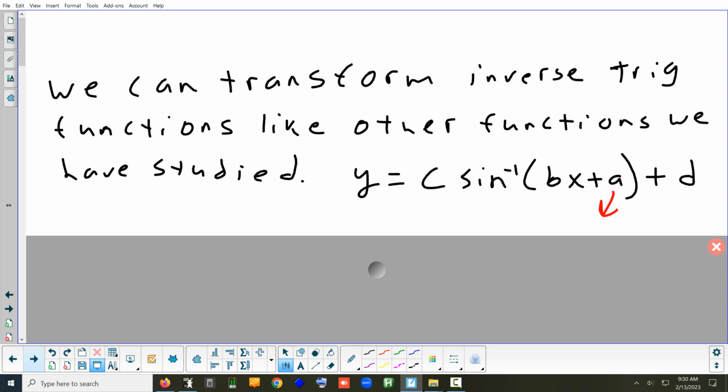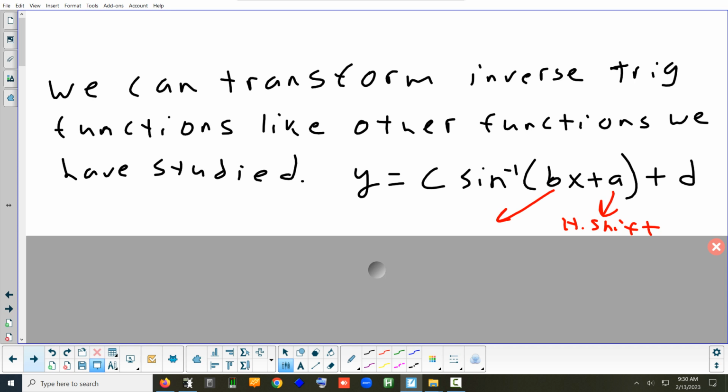We're talking about either shifting or stretching, one of those two. It shifts it left or right. If it adds, it shifts it left, and if it subtracts, it shifts it right. So A is your horizontal shift. What about B? It's still inside the parentheses, so it has something in common with A, but then it has something that's different.